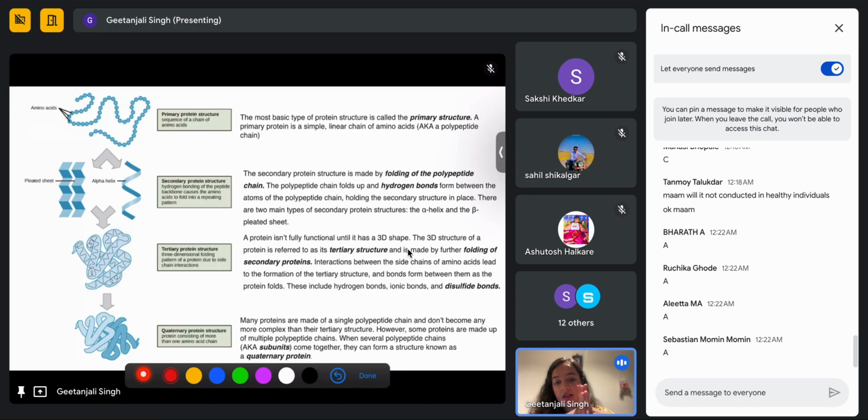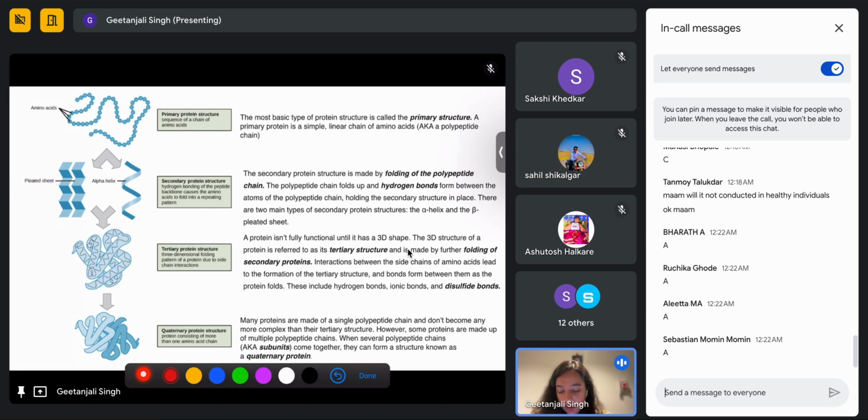The further folding of the tertiary structure makes a cleft and subunits, which is called quaternary structure. Not every protein has quaternary structure, but some do, like hemoglobin. So yeah, very good. Let's move on to the next question.